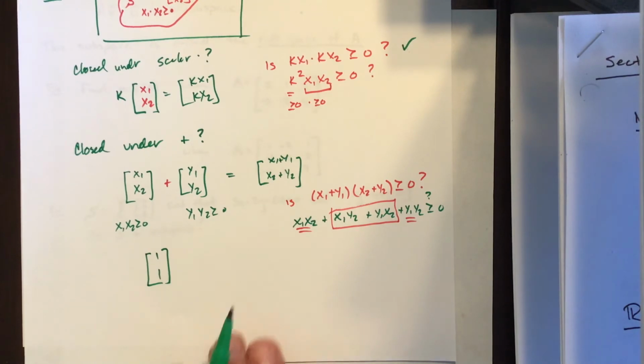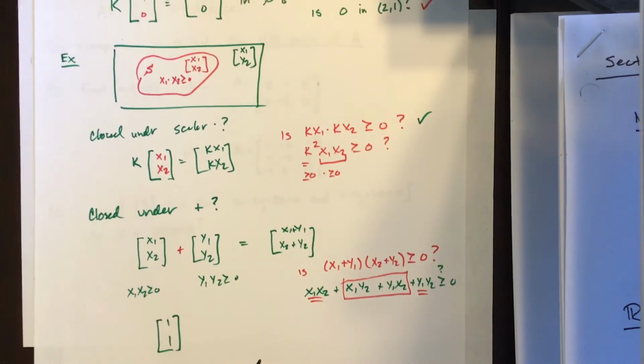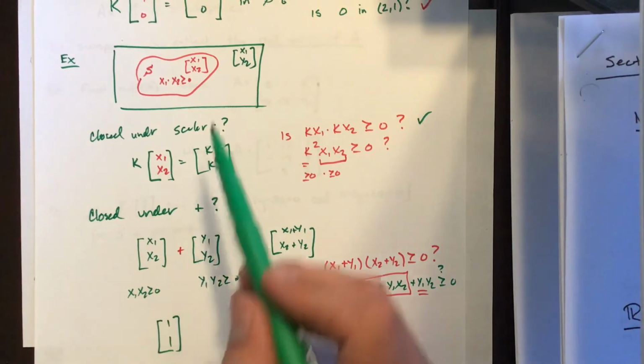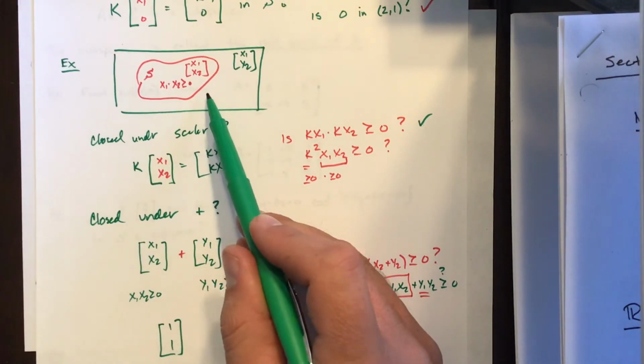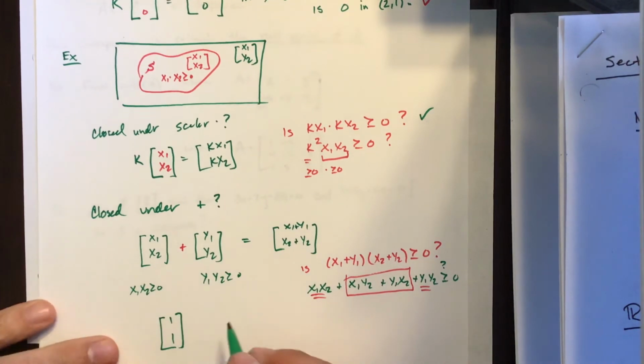And 1 is clearly in our subset. These are both real elements, and the product of 1 and 1 is 1, which is greater than or equal to 0. So this vector is clearly in our subset. But so is this vector.